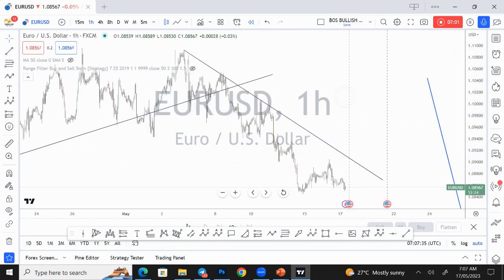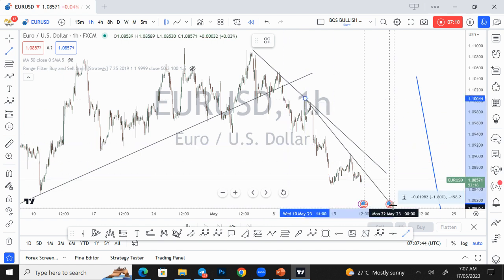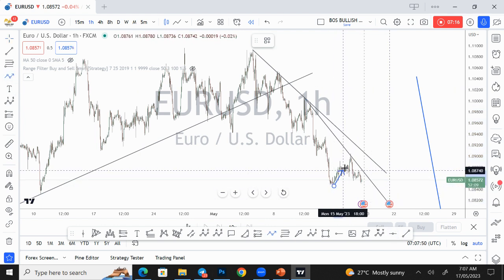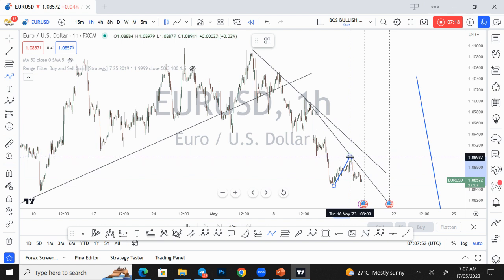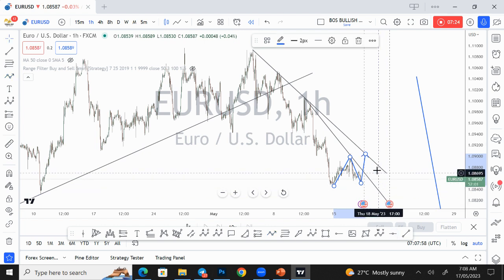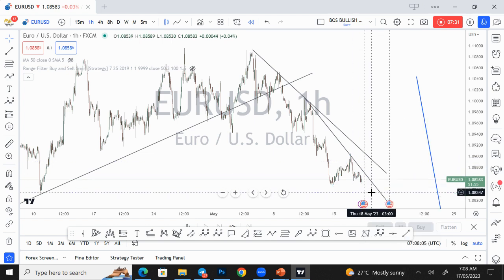Now, a possible scenario is that it can create this and drop, or it can just move along this line.